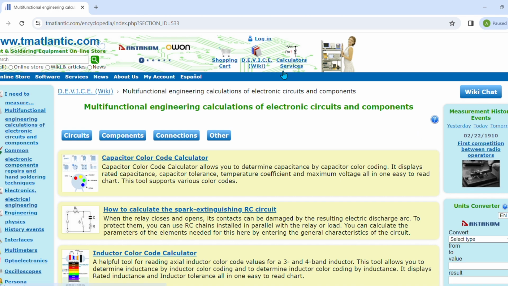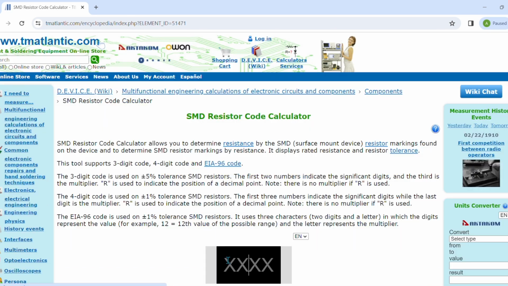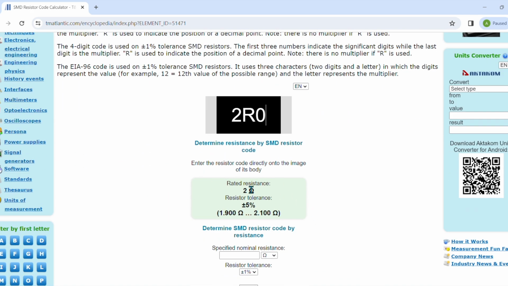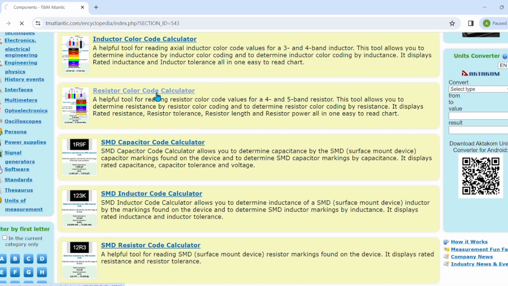We go to our website and determine the values of both resistors and the total resistance. First, enter the SMD resistor code 2R0, it is exactly 2 ohms, and then the color code with 5 stripes.